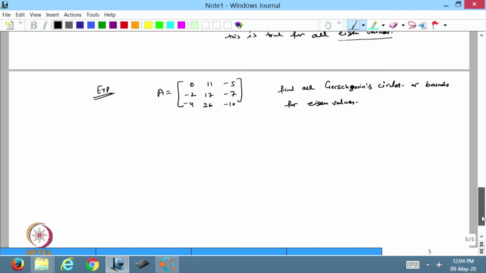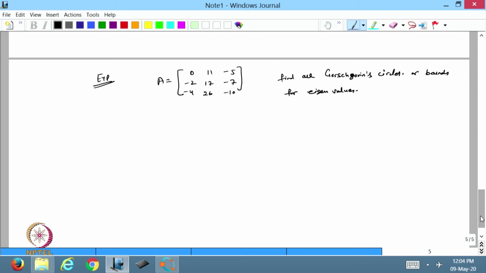Now, from here if you see, I choose the diagonal elements. So, these are my diagonal elements. From here I can write that for the first circle, |λ minus 0| is less than or equal to |11| plus |minus 5|. So, that is 16. So, that is from row 1.